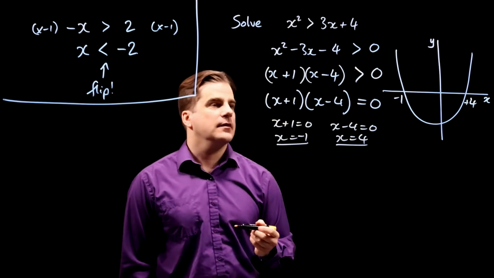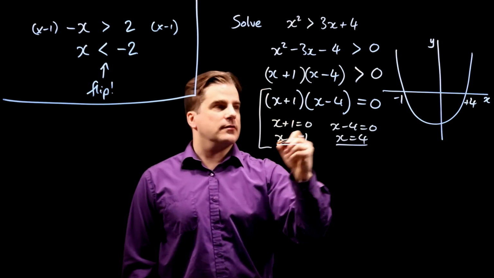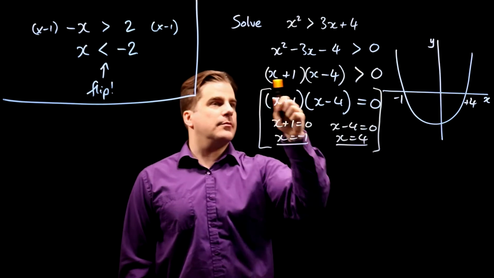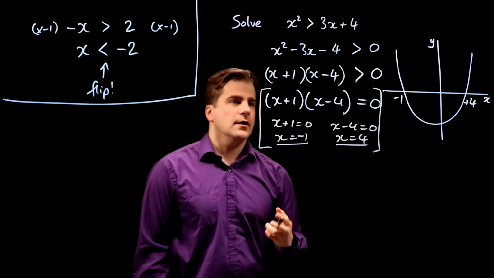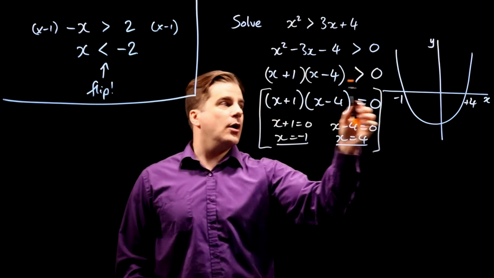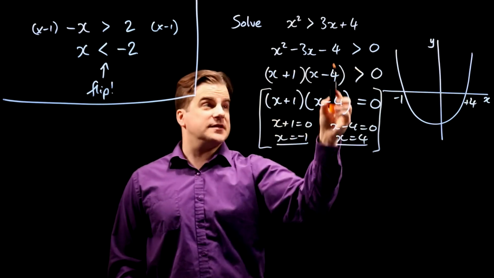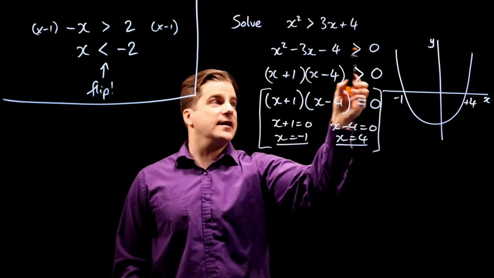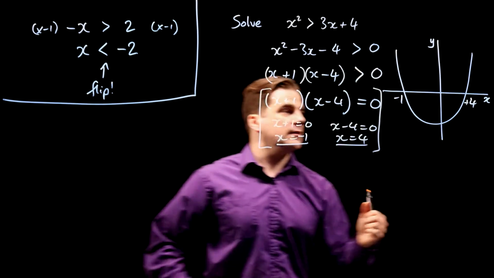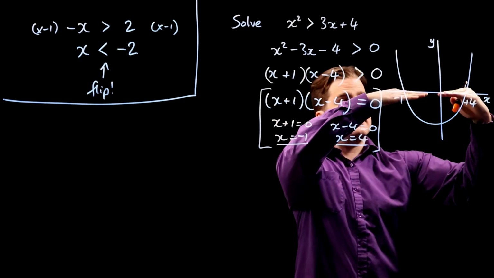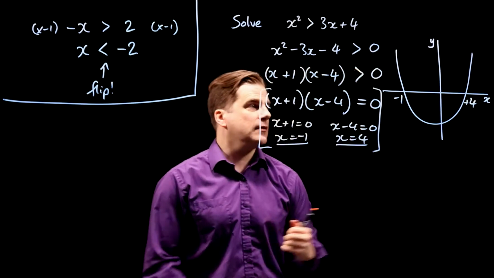Okay, back to here. At which points on this sketch is this, which is the same as that, greater than 0? Well, it's all the points in this region here.